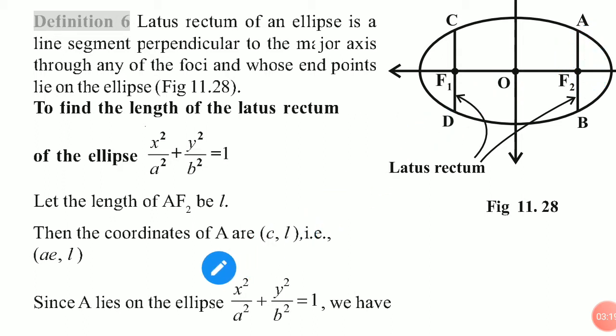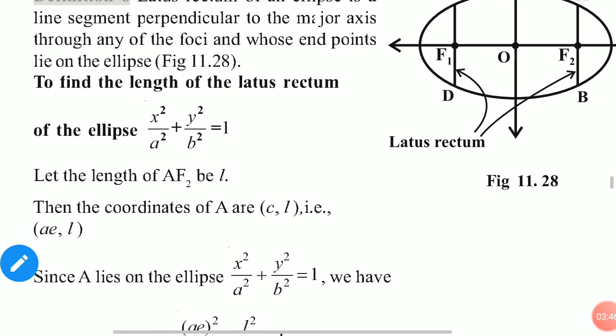C is always equal to AE, as I explained in the previous video. So the coordinates of A become (AE, L), and point A lies on the ellipse, so you can put these coordinates in the formula of the ellipse.